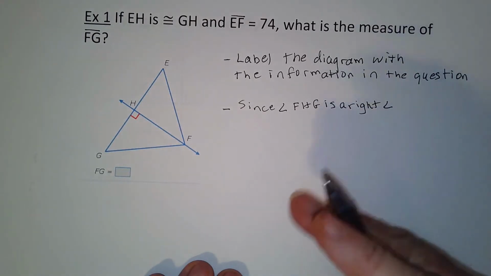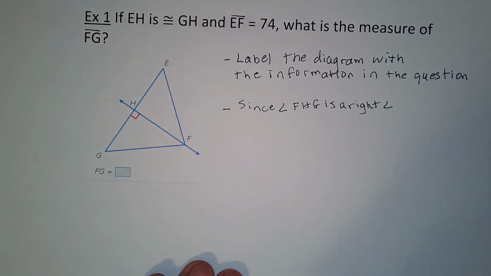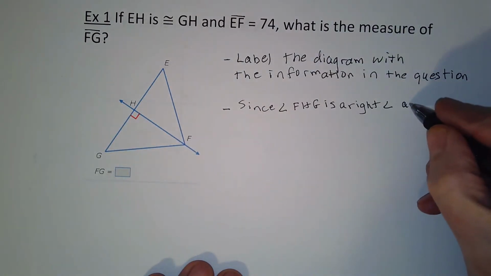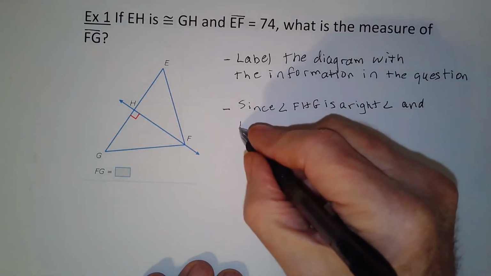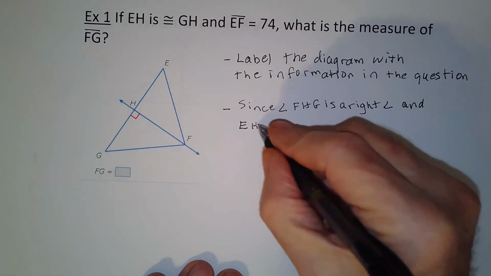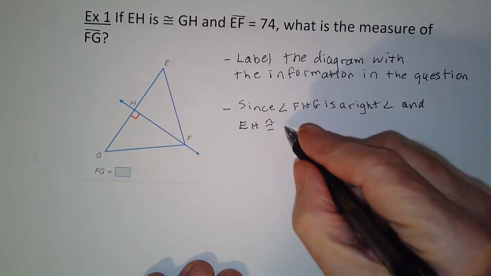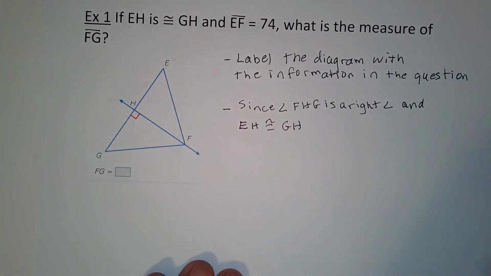we're going to go into, again, the theorem for perpendicular bisectors. So we're going to say, and also, EH is congruent to GH. That's these two sections here.